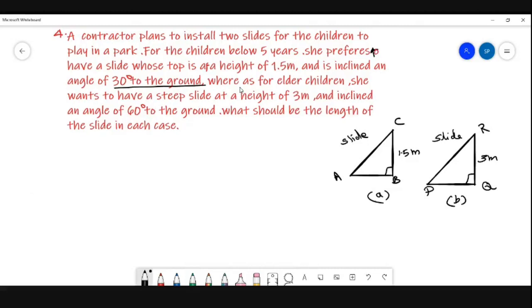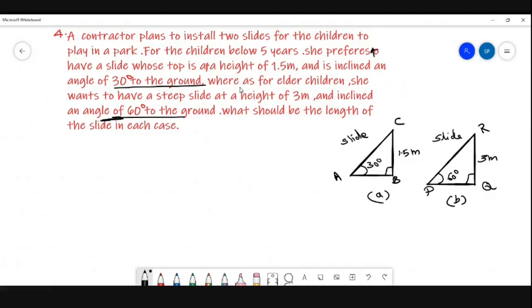Whereas the other one, that is for elder one, the slide at a height of 3 meter is inclined at an angle of 60 degree. Here R, the top of the slide, is 3 meter above, and the slide makes an angle of 60 degree to the ground.